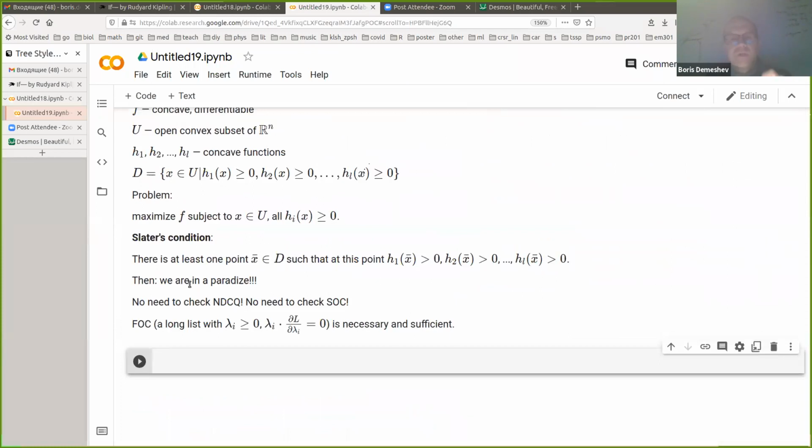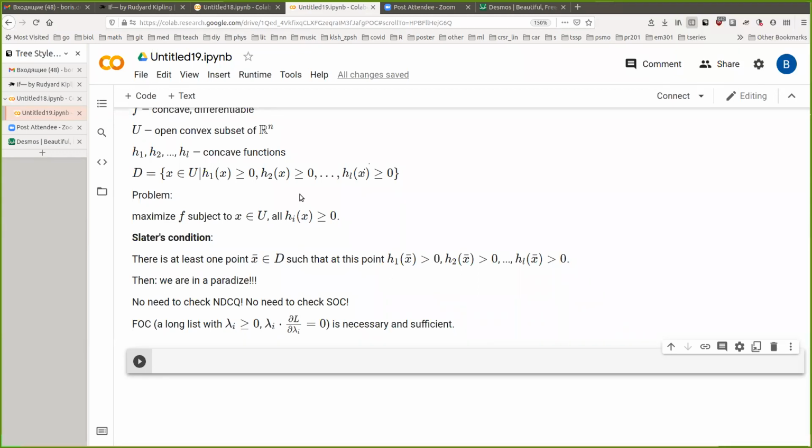We have one more special condition. There is at least one point x bar such that at this point all functions are strictly positive. And then we are in a paradise. Don't check the constraint qualification. Don't check second order conditions. Just write the Lagrangian function. Just write first order conditions. Solve these equations. And bingo, you have a global maximum. Okay?